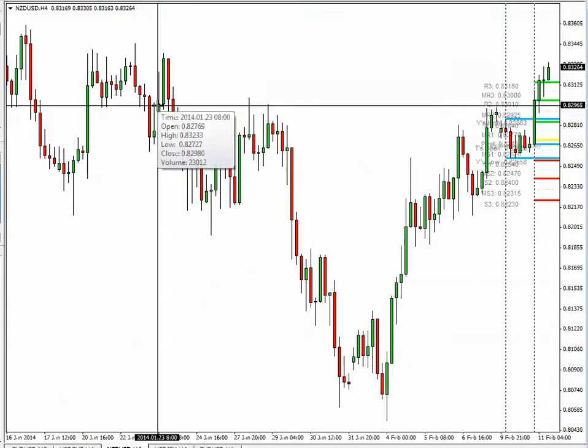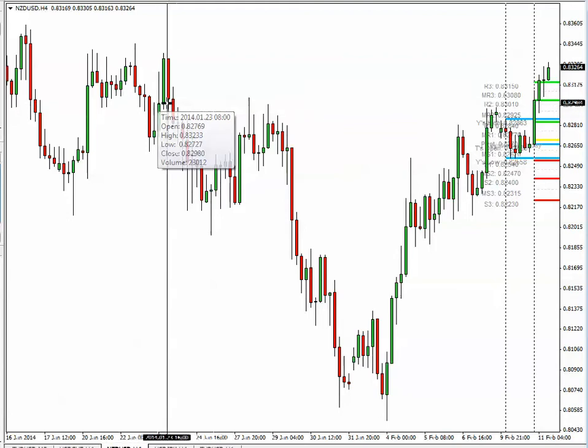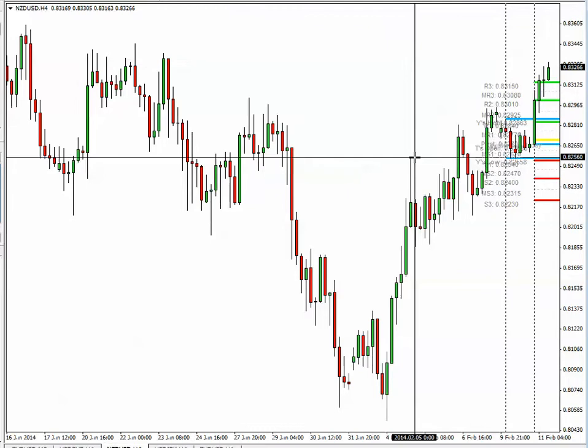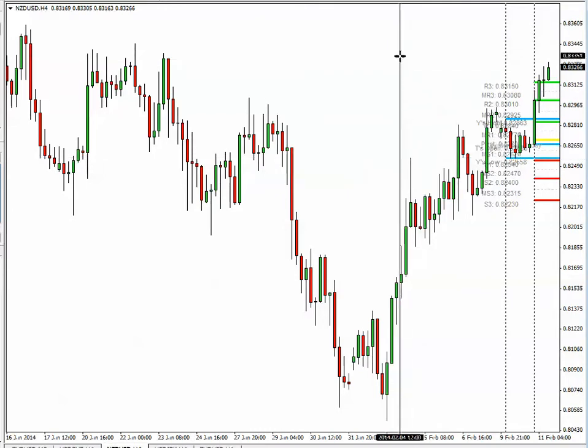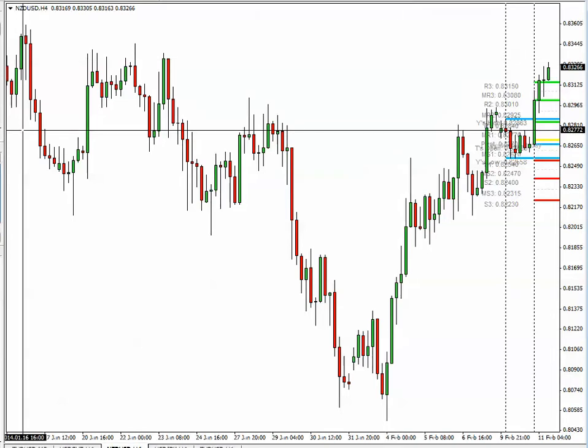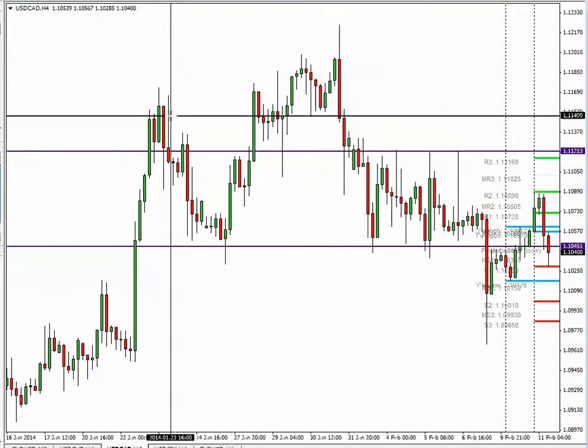New Zealand dollar, and we're going over our major currency pairs really quickly, is into an area of resistance right here at 83.32 with support right here at 82.56. So far it is in a choppy environment. It still needs to prove that it wants to go higher. So far mildly neutral on this currency pair. And the last one is the dollar Canadian dollar.